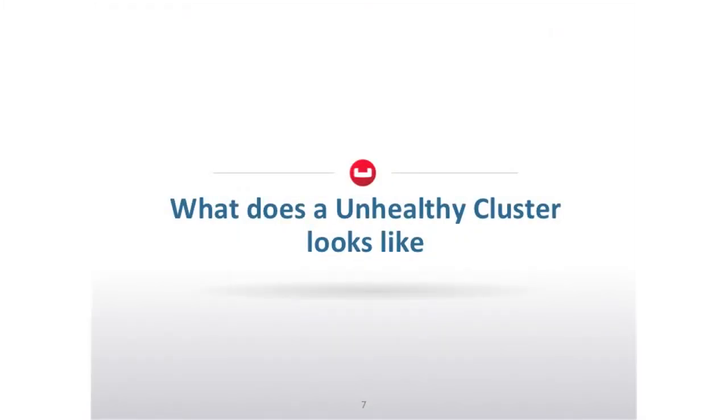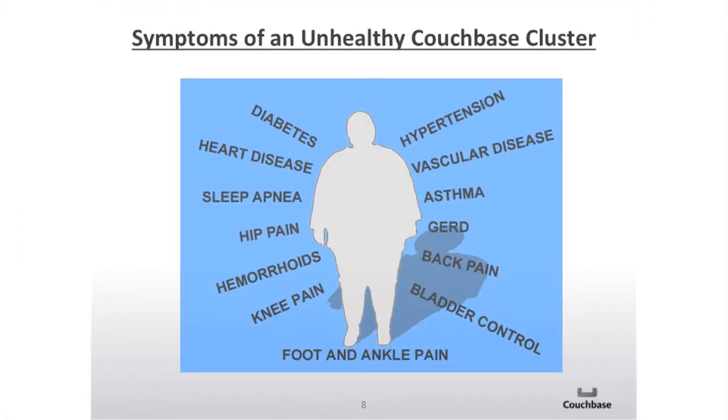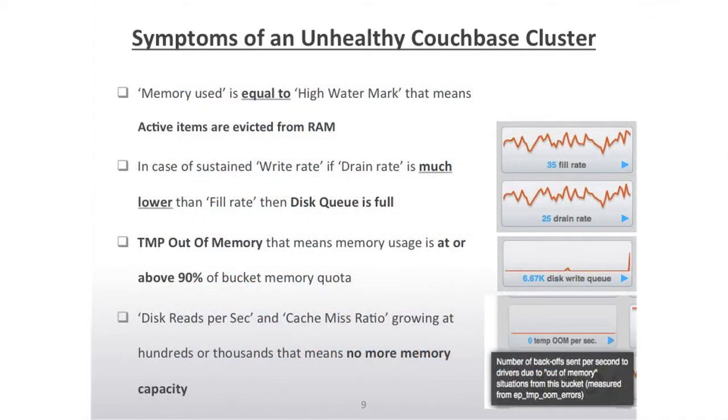Now that we have looked at a healthy cluster, let's look at the symptoms of unhealthy clusters. There are a lot of symptoms of unhealthy clusters. For example, in terms of Couchbase Server, a symptom is if the memory used is equal to the high water mark. I don't know, most of you may be familiar, the high water mark is for the active items.